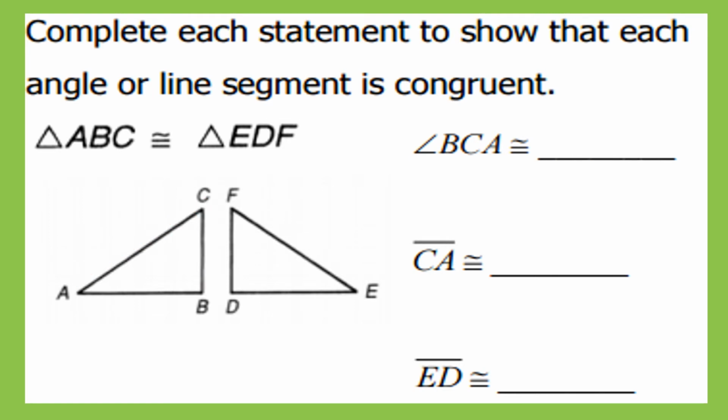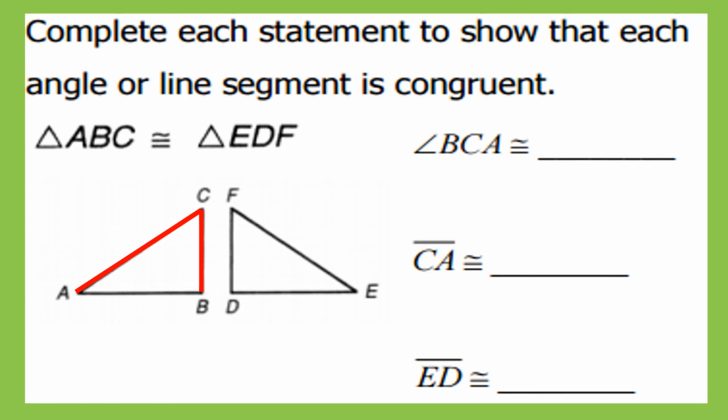So now let's see, that's going to look like this. So the triangles are spun around. Notice they are reflected. So we have to figure out what angle would correspond and be congruent with BCA. Well, if we start with the B, what point in the other triangle corresponds with B?